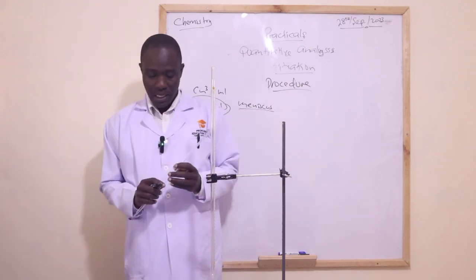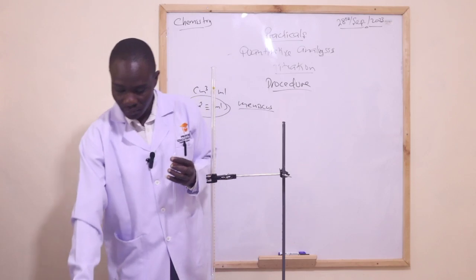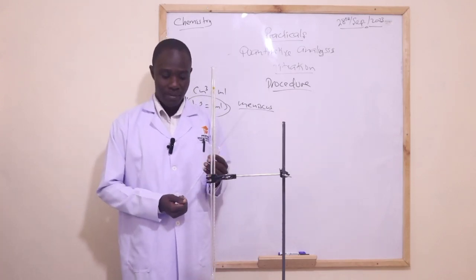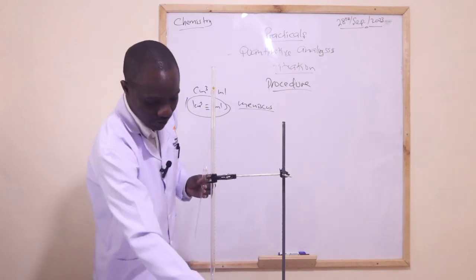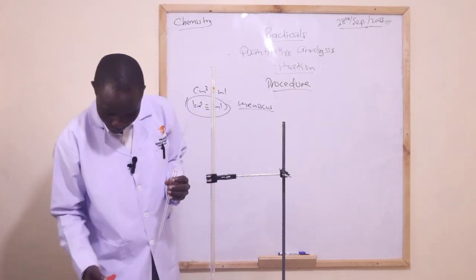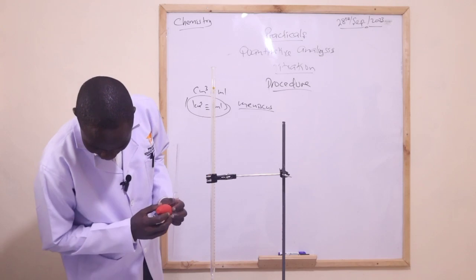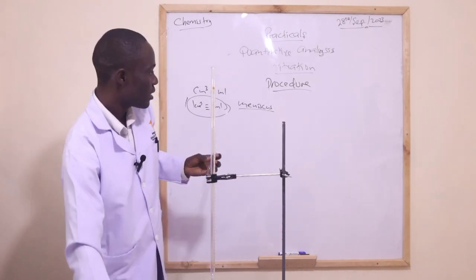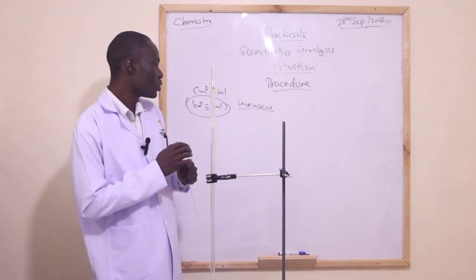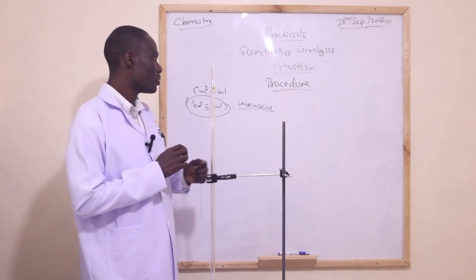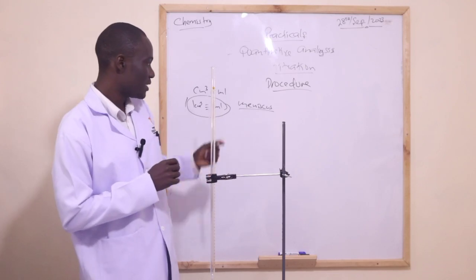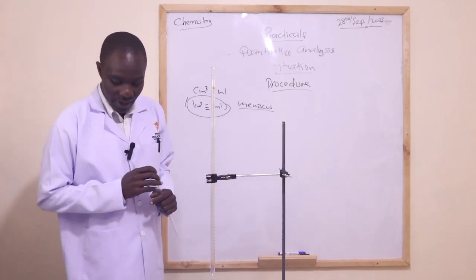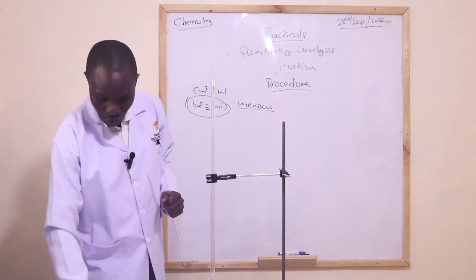Now, the pipette works with the pipette filler. Or you can suck, because of the two solutions that you need to use during titration, that is the analyte and the titrant. The analyte, we need to use the analyte.